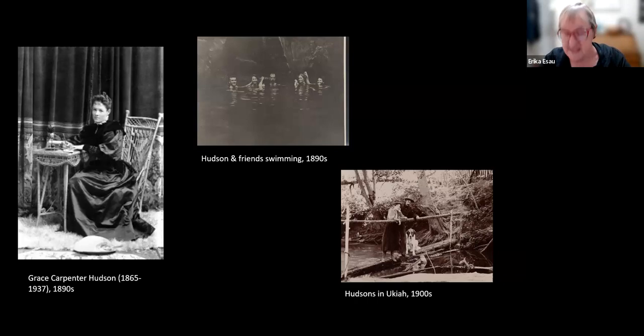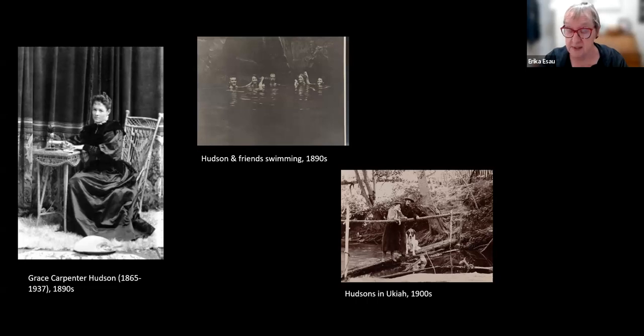Grace was born in 1869 in Ukiah, that's in Mendocino County, which at that time, in the late 1860s, was still open country, home to the Pomo Indian tribes, with only a few Anglo settlers.